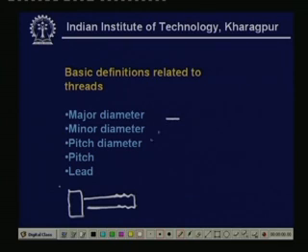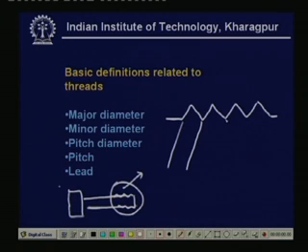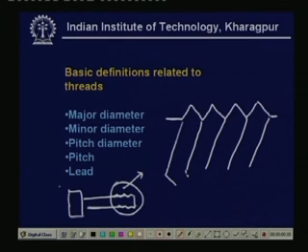What I am drawing is the cross section of this part, the threaded part.